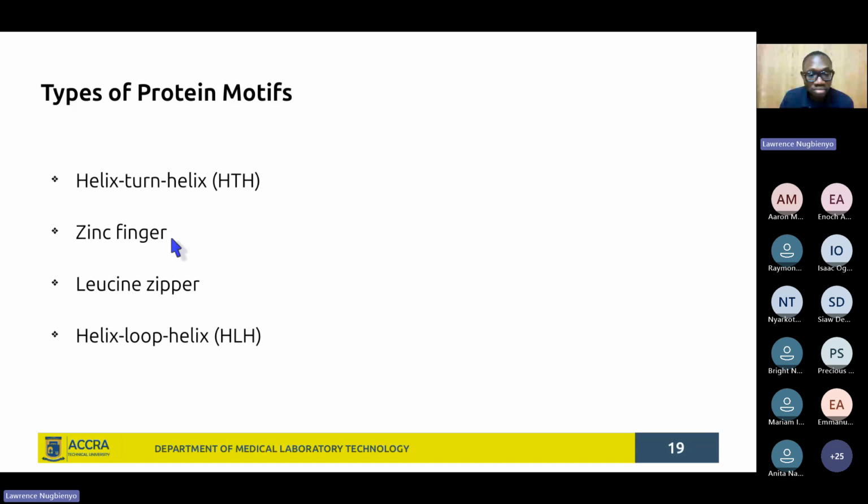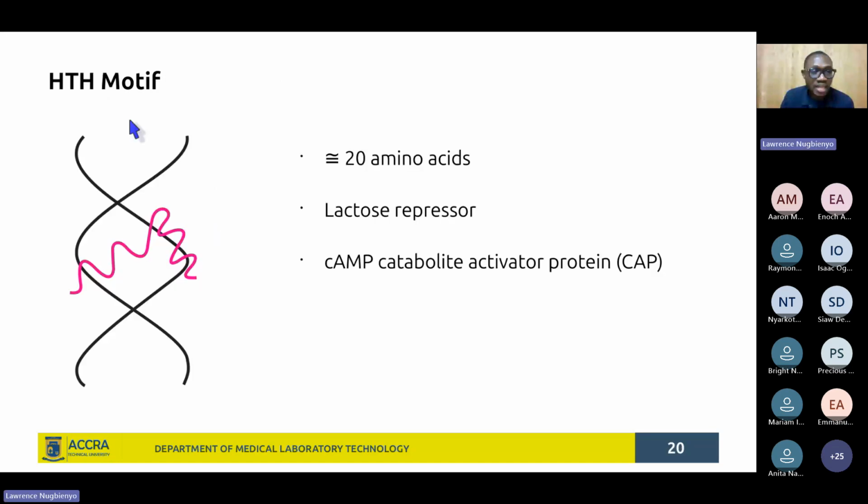So for instance, the helix-turn-helix motif. If you have, the black is referring to a DNA fragment, and then the red on it is the protein motif. And you can see there is some alpha helix structure, and there is one loop.